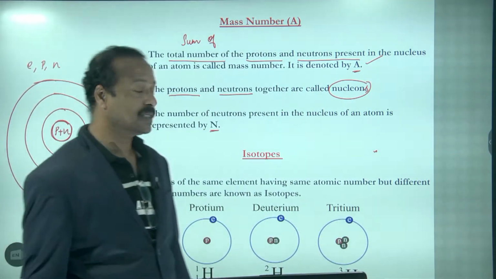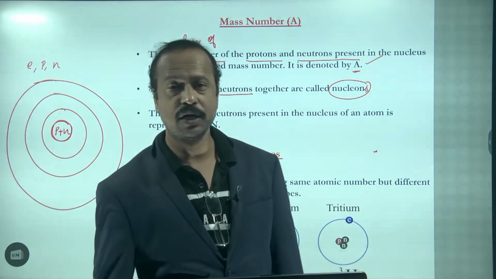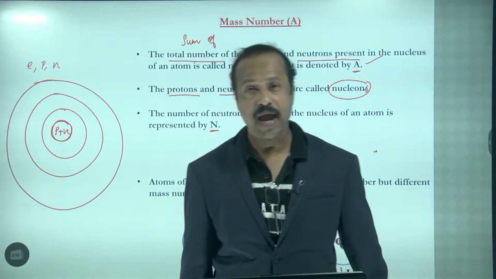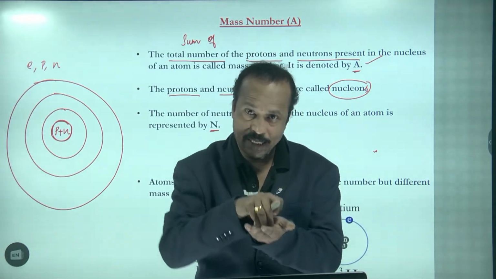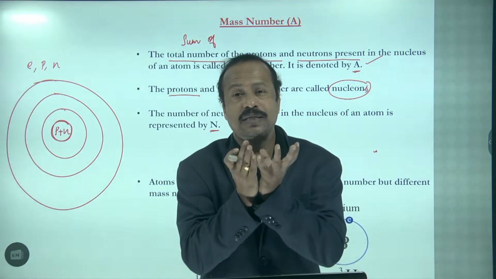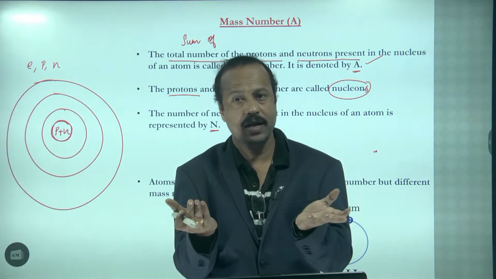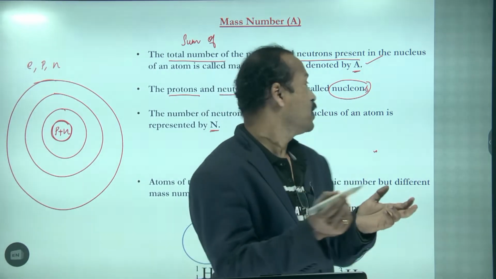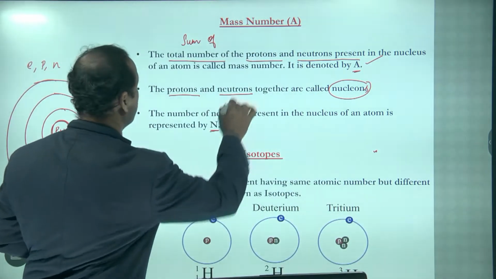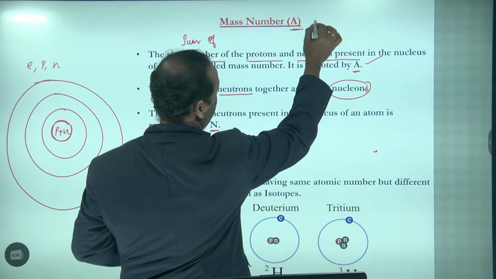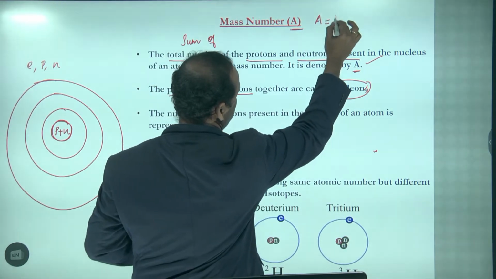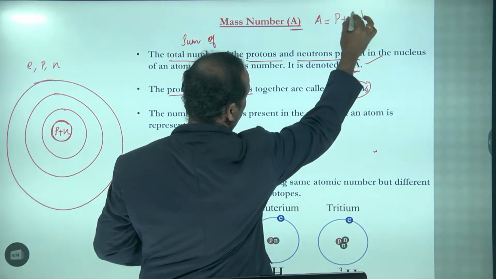So the sum of the protons and neutrons is called the mass number, and protons and neutrons are both present in the nucleus, so they are called nucleons. Okay. Mass number is represented by A, and A is equal to the sum of the protons plus neutrons.